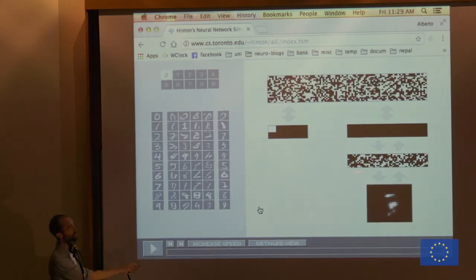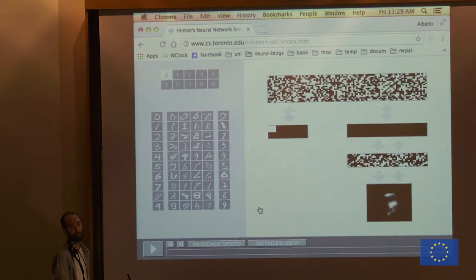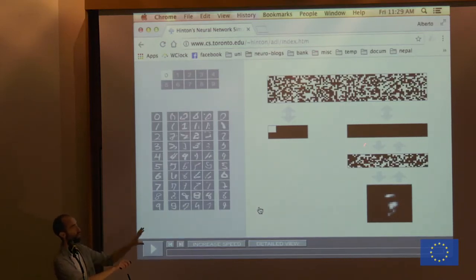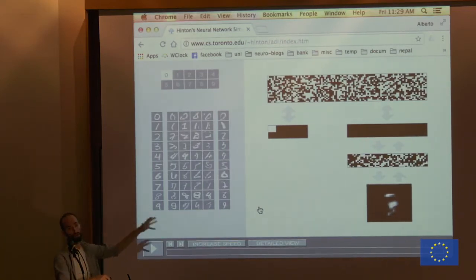But what is important is that the lower levels are not domain specific. These neurons are just detecting edges, crosses, borders, and they can be used immediately for representing letters or other types of patterns. So you can do some transfer of knowledge between different domains, but if you become too specialized at the top layers, you have to retrain or adjust to the new patterns coming from another domain.